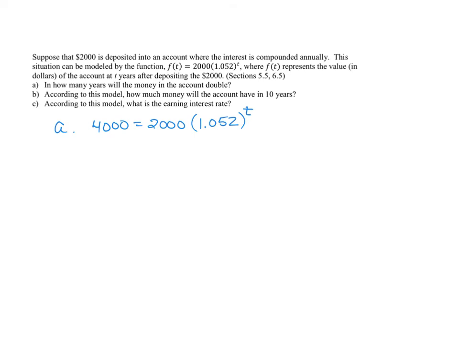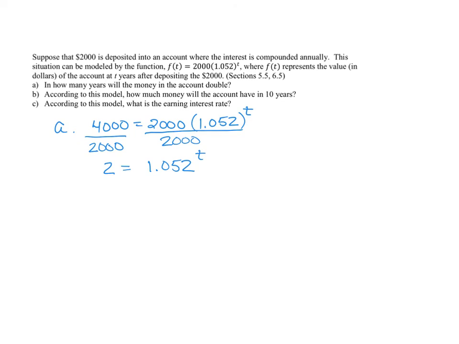Just like on the previous one, we want to start by isolating the exponential. So we're going to divide both sides by 2,000. We get 2 equals 1.052 raised to the t.